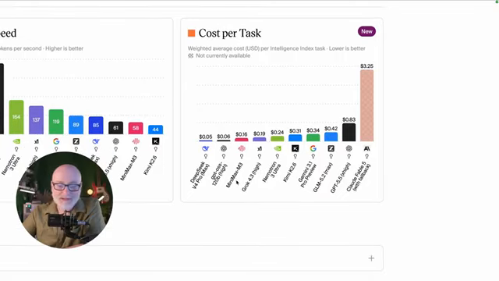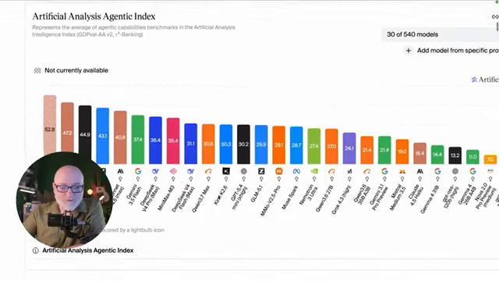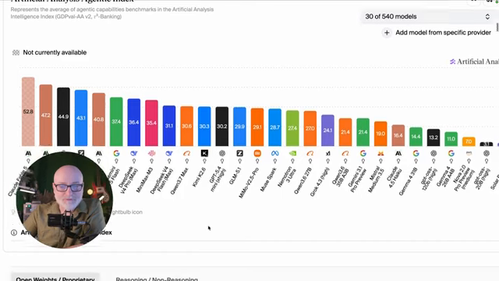So if you see, Minimax is down here because it's pretty cheap. Now this is a sort of contradiction because I see that it's even cheaper, the Pro, than Minimax, but people love Minimax. Anyway, another thing that I want to show you is this graph.